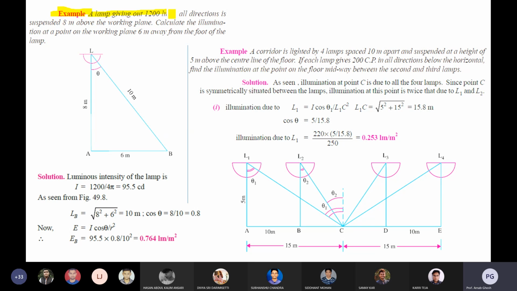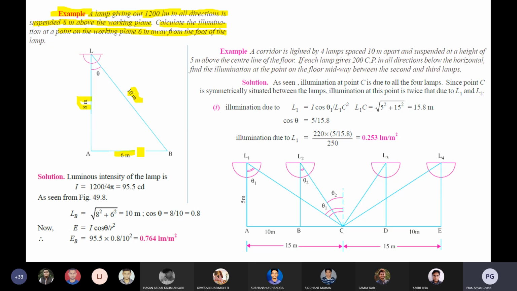Example: a lamp giving out 1200 lumen in all directions is suspended 8 meter above the working plane. Calculate the illumination at a point of the working plane 6 meter away from the foot of the lamp. So 6 m and 8 m are given.